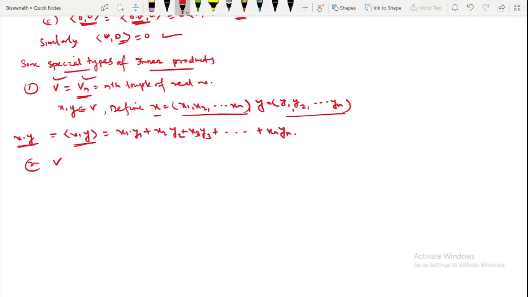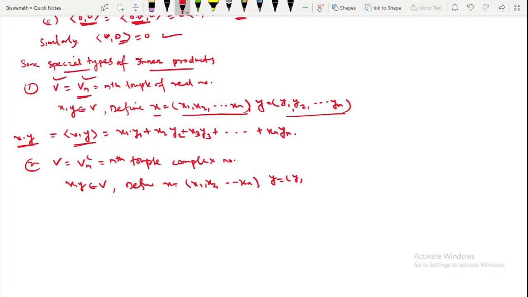And similarly, if V is V_n(C), that means the nth tuple of complex numbers, then if x, y belong to V, similarly we can write for x: x1, x2, up to xn, and for y: y1, y2, up to yn, and all these x1, x2, xn and y1, y2, yn are complex numbers.